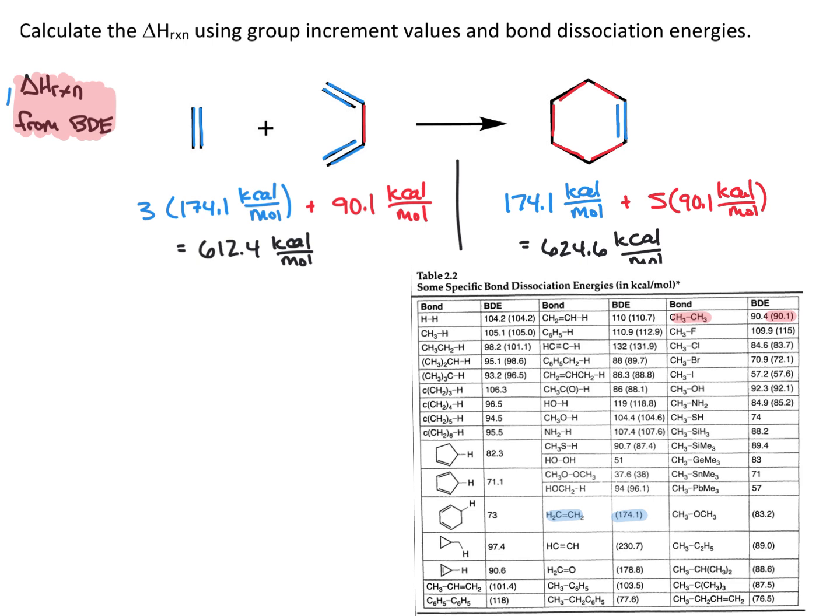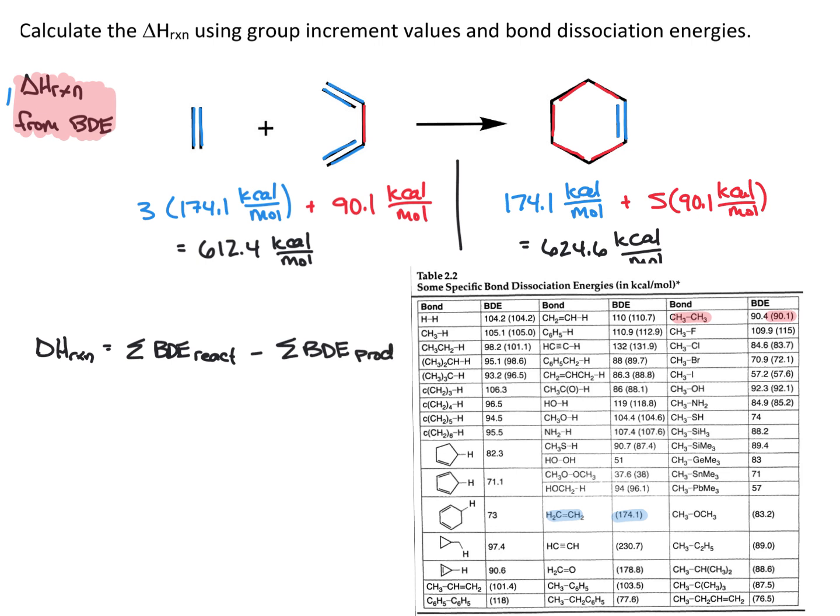So this is already telling us that the bonds in the product are stronger than the bonds in the reactants, so it should be a favorable reaction with a negative delta H. But let's go ahead and do the calculation. So the delta H of the reaction is the sum of the bond dissociation energies of the reactants minus the sum of the bond dissociation energies of the products.